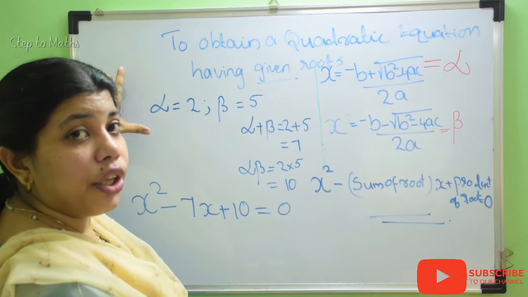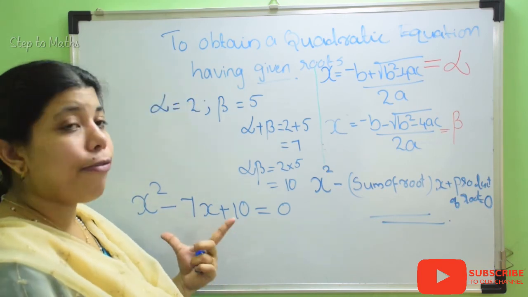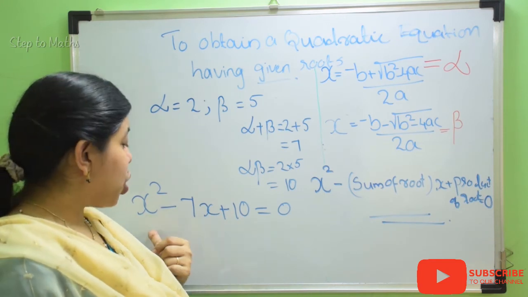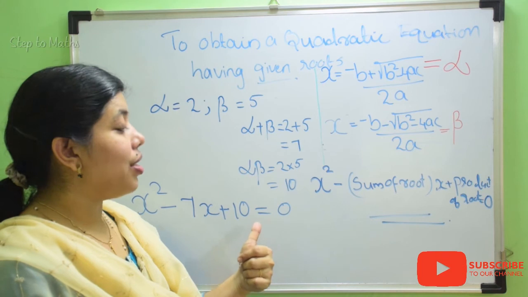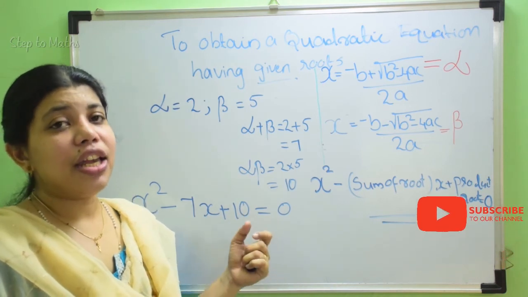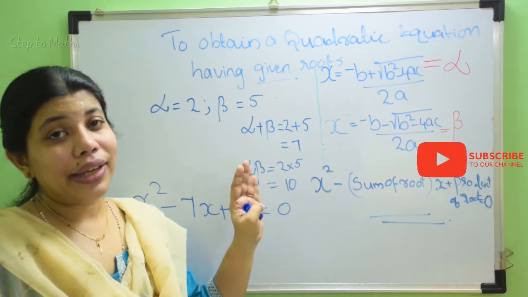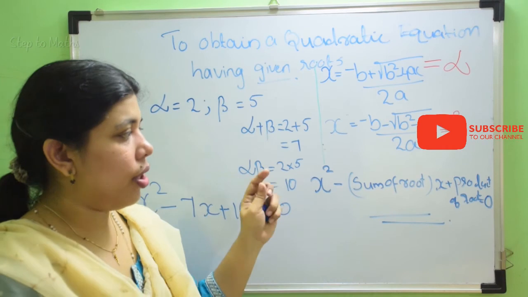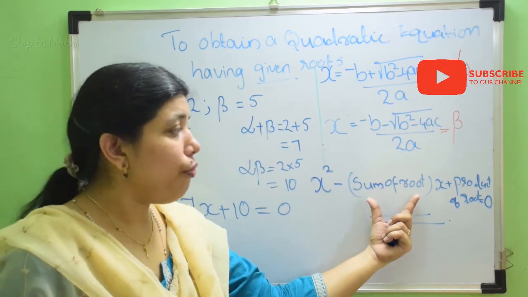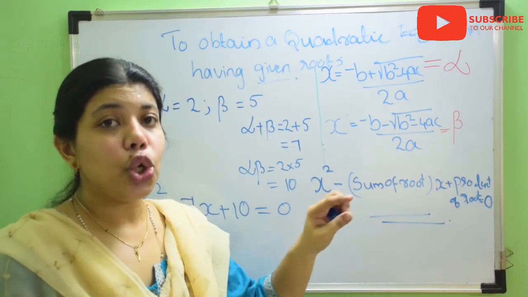From the given values of alpha and beta, we form its corresponding quadratic equation x square minus 7x plus 10 is equal to 0. So we can easily form a quadratic equation using its given roots. The form is x square minus sum of roots into x plus product of roots equal to 0.